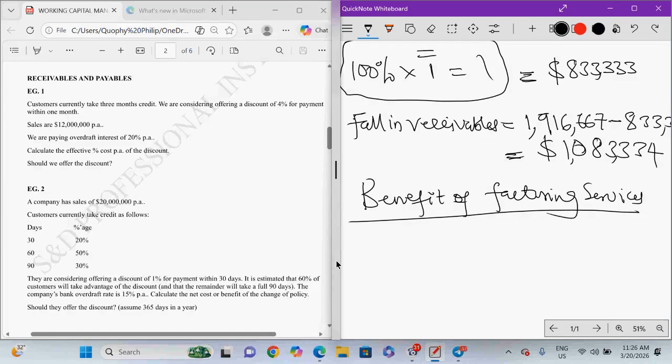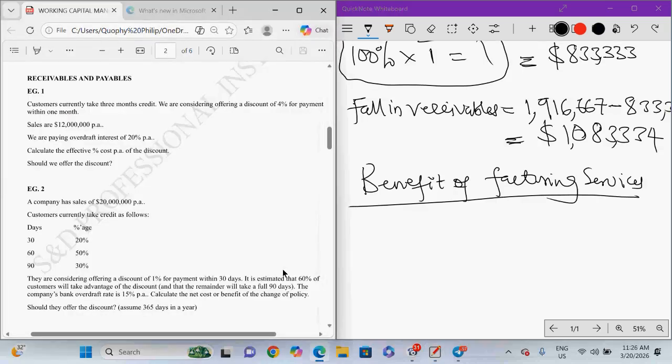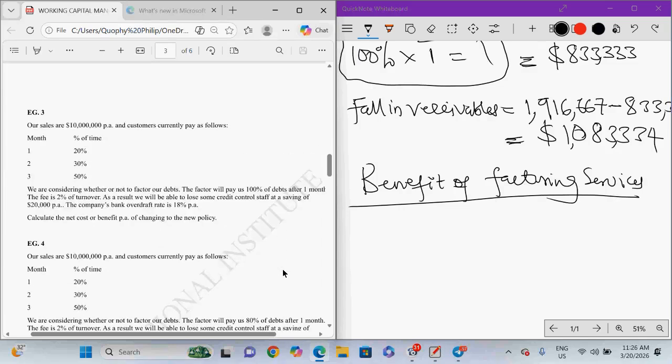Then we compare the benefit to the cost to determine whether they should give the discount or not. So what is the benefit from the factoring?